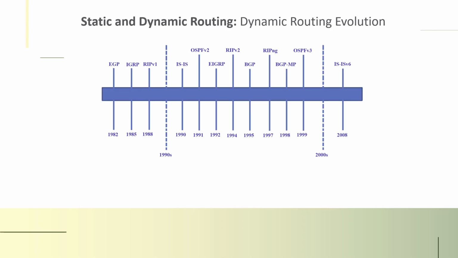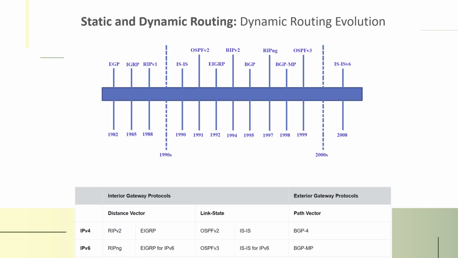And here in this figure, we display the timeline of various protocols and when these protocols were introduced to the network. And to support IPv6 communication, newer versions of the IP routing protocols have been developed, as shown here in the IPv6 row in the table. The table classifies the current routing protocols. An Interior Gateway Protocol is a routing protocol used to exchange routing information within a routing domain administered by a single organization.